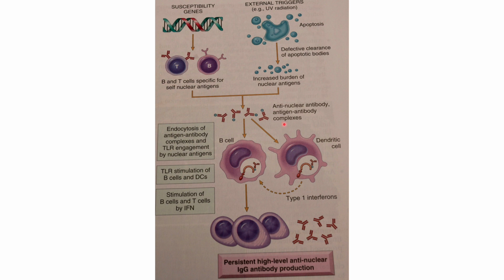And then after that, you have interaction with B cells and dendritic cells with endocytosis of antigen-antibody complexes and TLR engagements by nuclear antigens, TLR stimulation of B cells and DCs, and stimulation of B cells and T cells by IFN. So these are type 1 interferons acting on this when you get persistent high-level anti-nuclear IgG antibody production.